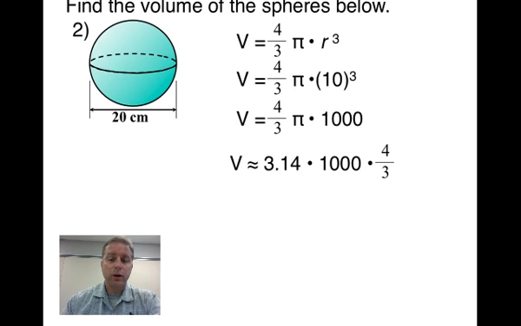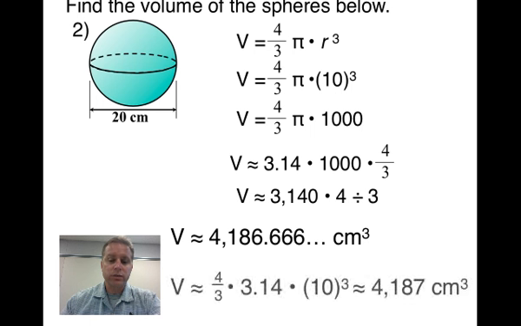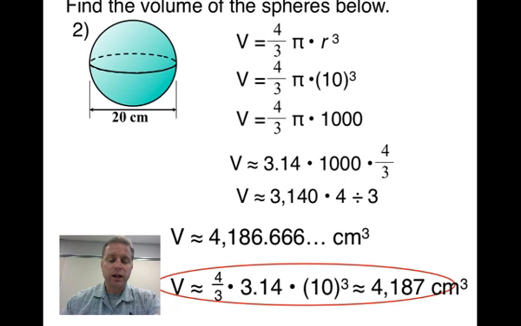Remember, pi is 3.14, so 3.14 times 1,000 will be 3,140 times 4 divided by 3 gives us 4,186.666 cubic centimeters. Round that to the nearest whole number. We'll get 4 thirds times 3.14, or you could put pi, times 10 to the third is approximately 4,187 cubic centimeters.